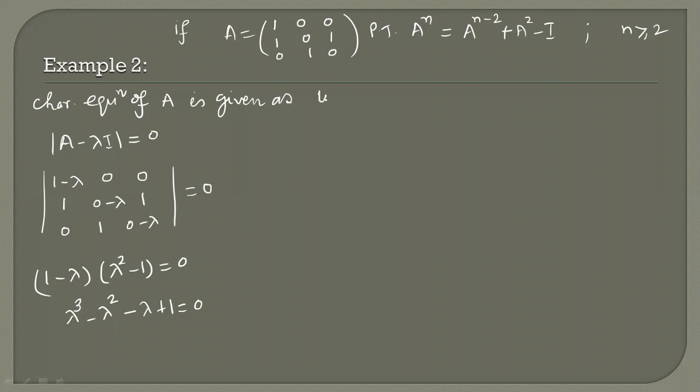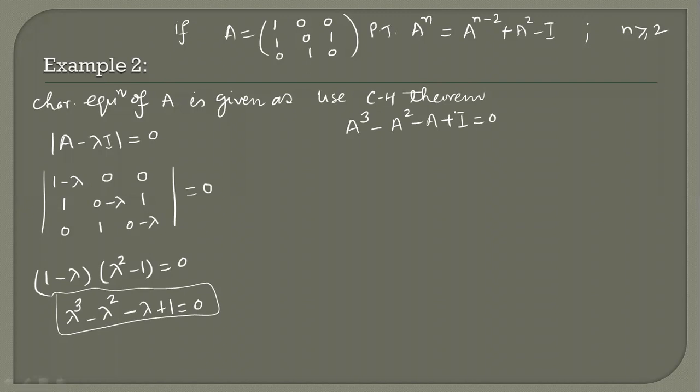Now use the Cayley-Hamilton theorem. Every square matrix satisfies its characteristic equation, which means matrix A will satisfy this equation. So A cube minus A square minus A plus identity equal to 0.